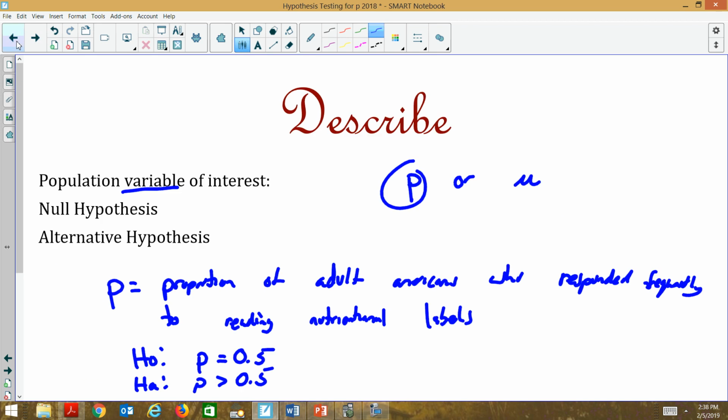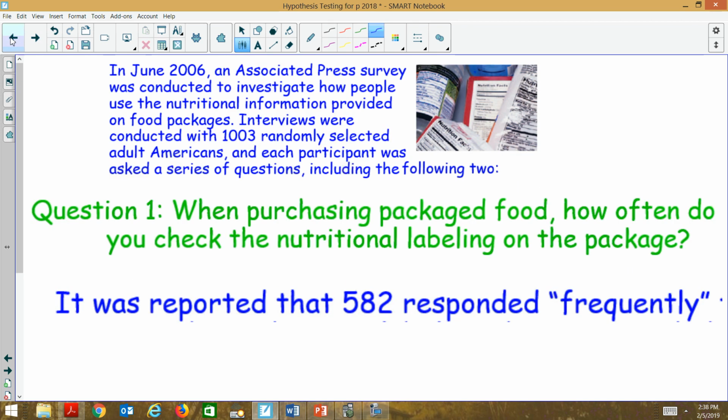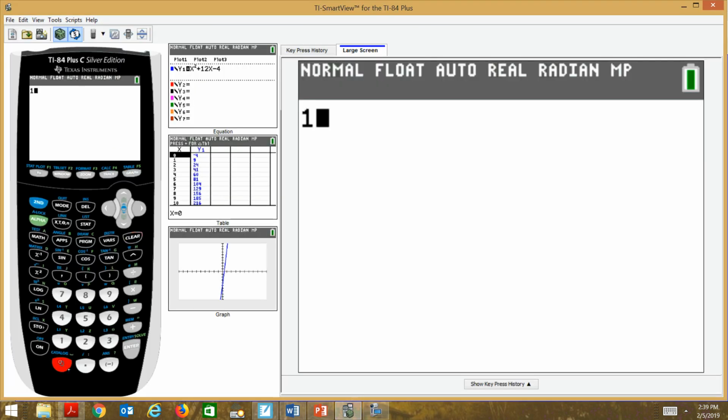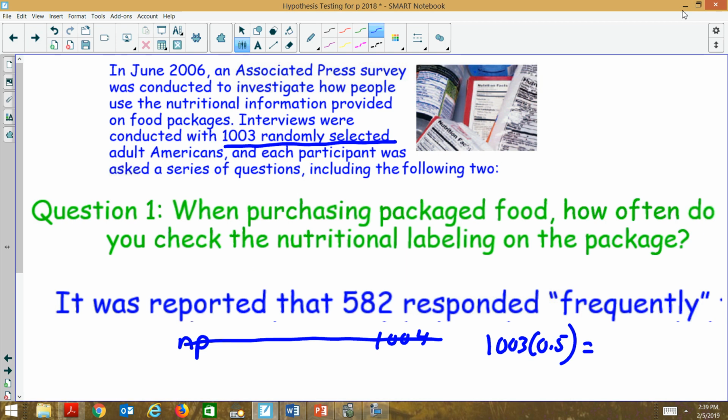So, looking back on our question, let's just see whether or not all 3 of these things are true. Is the sample random? Yes, randomly selected sample. Is the sample large enough? Excuse me, we have to do n times p, not n times p hat. So n times p, 1003 times 0.5 is equal to 501.5.